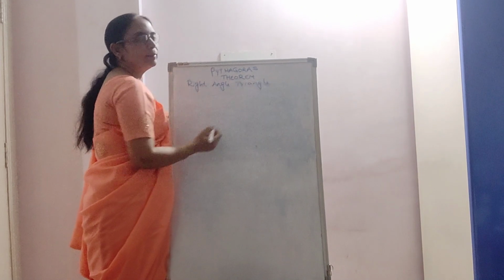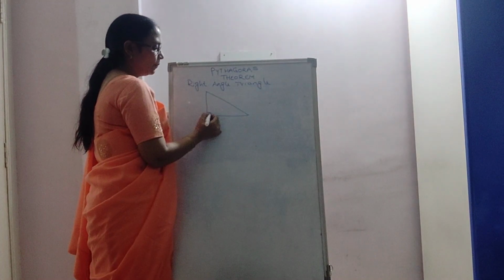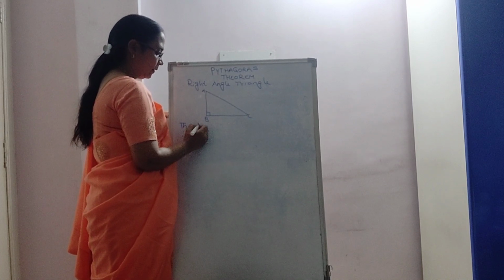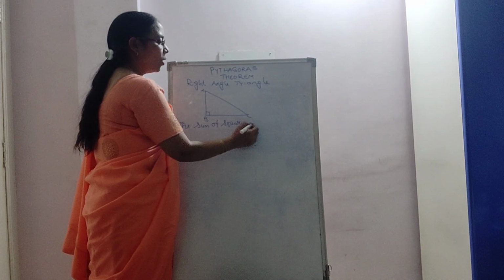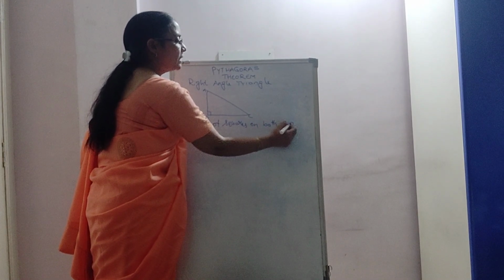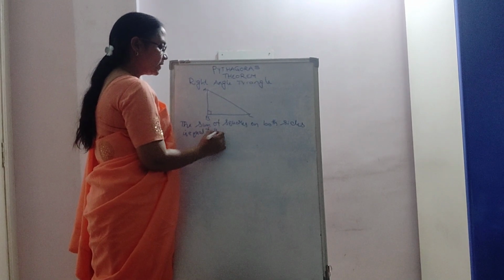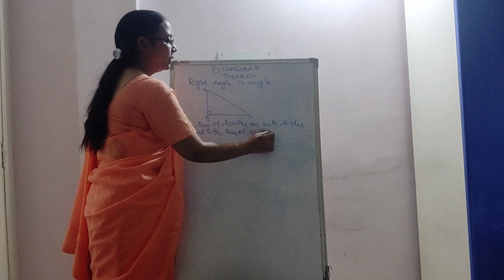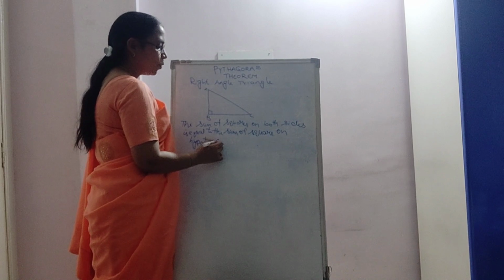And what is Pythagoras theorem is, he says that in a right angle triangle, the sum of squares on both legs, on both sides, is equal to the sum of square on the hypotenuse. This is what he said.